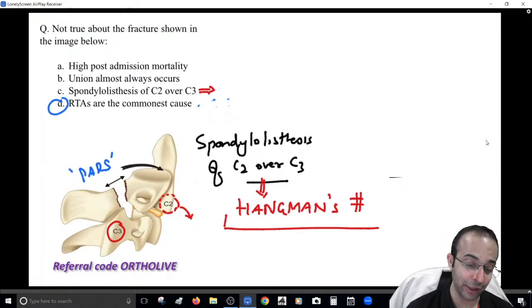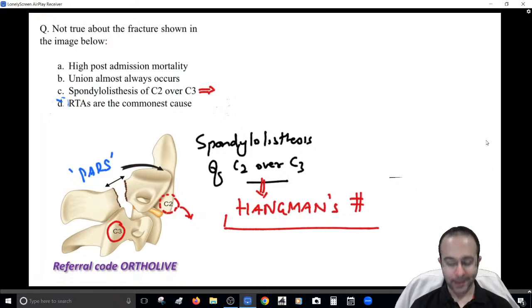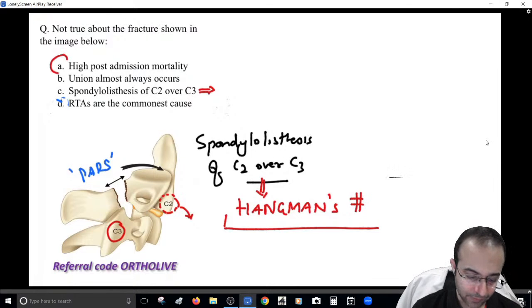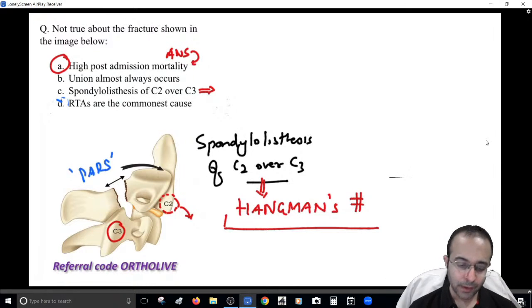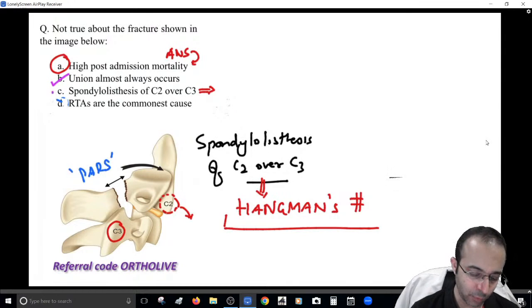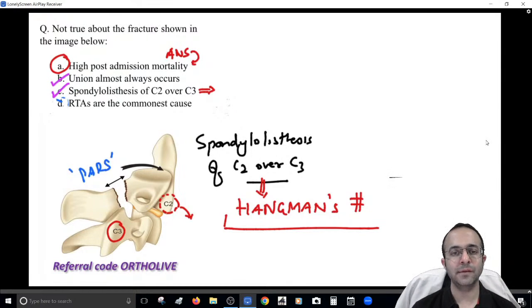Hangman's fracture, hanging. Please, don't make this mistake. The incorrect thing is this. This is the answer. Union always occurs? Yes. This injury is spondylolisthesis of C2 over C3? Yes. Accidents are the commonest cause? Yes.